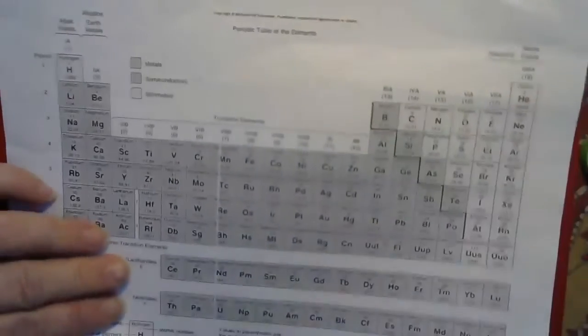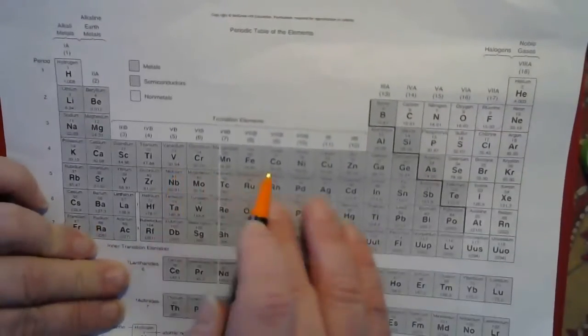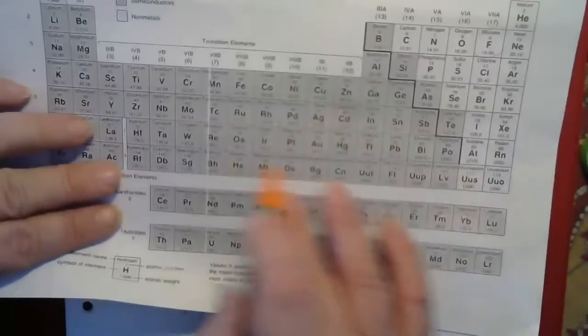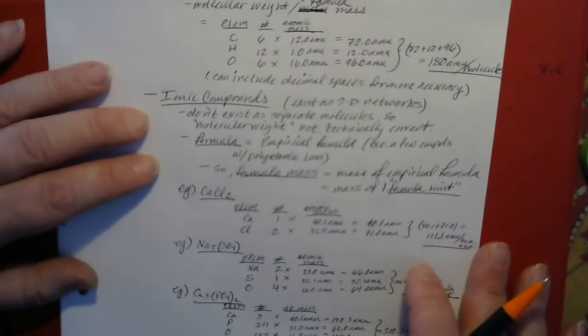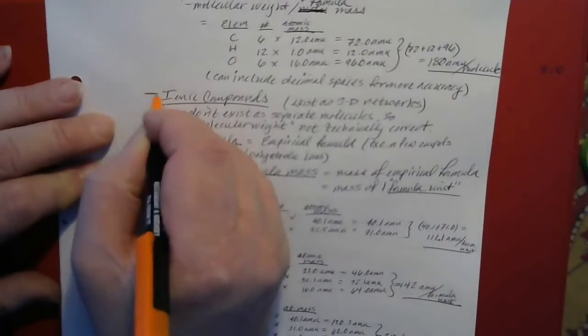Most periodic tables, like the one we use, I believe, usually give 2 decimal places, but some give more. And there are tables where you can look these numbers up that will have even more than that. And so you can be very accurate if you really need to be.